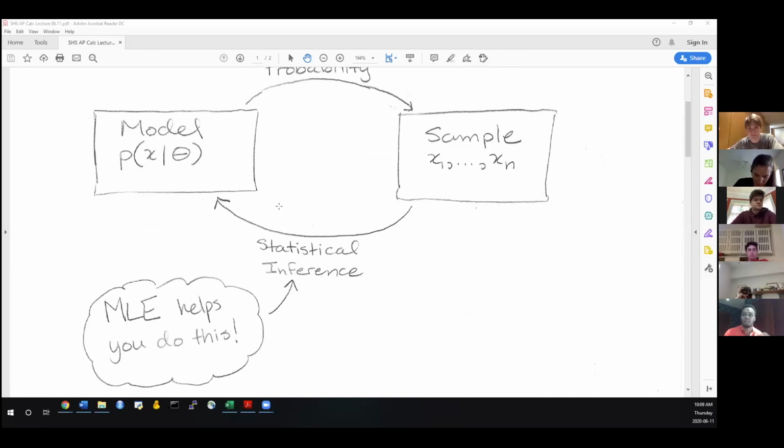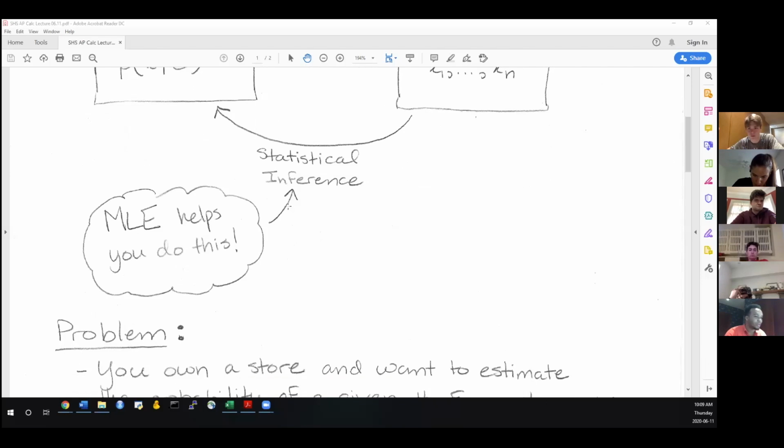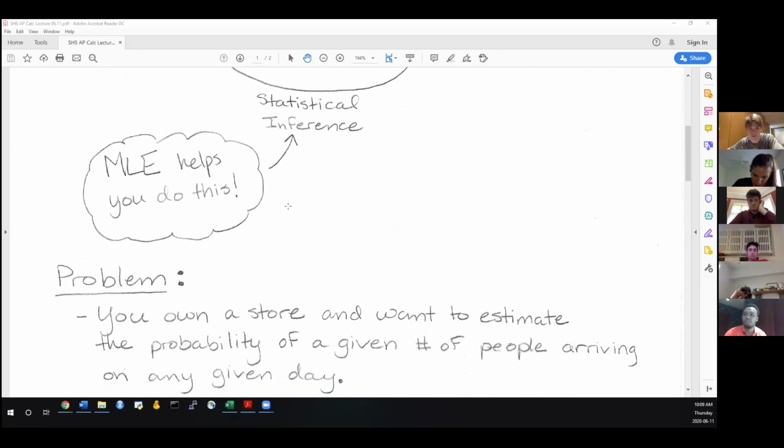I'm going to transition to a concrete example that really illustrates this a bit more. So imagine this fictional scenario where you own a store. Let's say your store only sells one type of item, and you want to estimate the number of people that arrive on any given day.